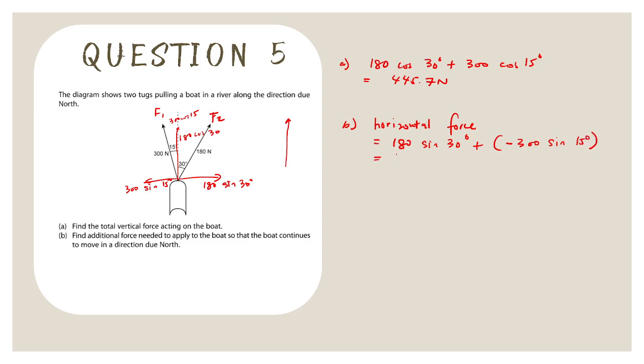So it is 12.35 Newton. It means that if you check the diagram, as the tugs are pulling the boat, it will be going a little bit to the left by 12.35. This way, 12.35 Newton. So if you have another rope, you can pull it back here with 12.35 Newton, right?